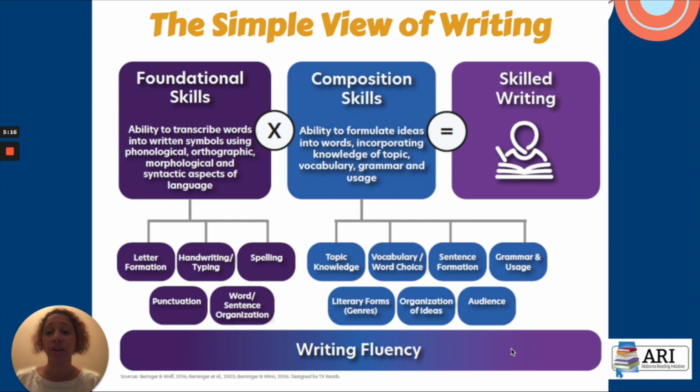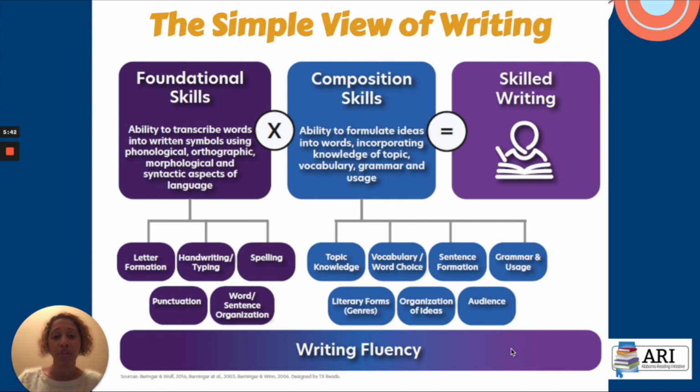Some examples of foundational skills: letter formation, handwriting, word sentence organization, punctuation. Science has shown that just the act of forming letters actually triggers those synapses in the brain to help you better remember the sounds and better read. So that letter formation and that handwriting is very important for students to become skilled writers.